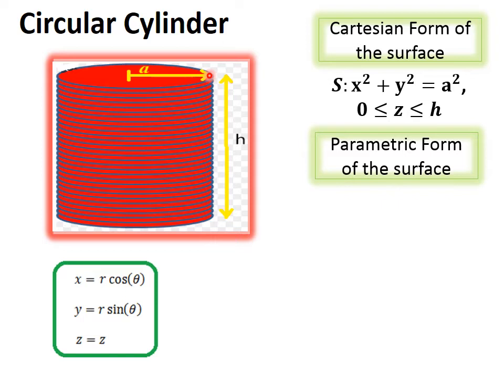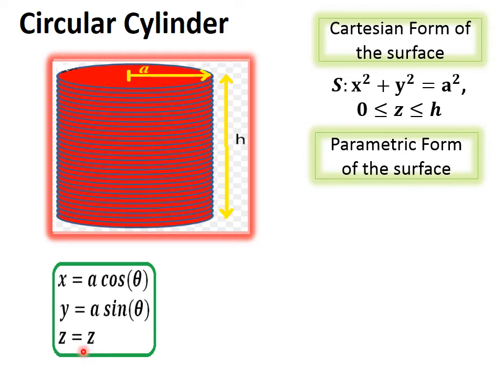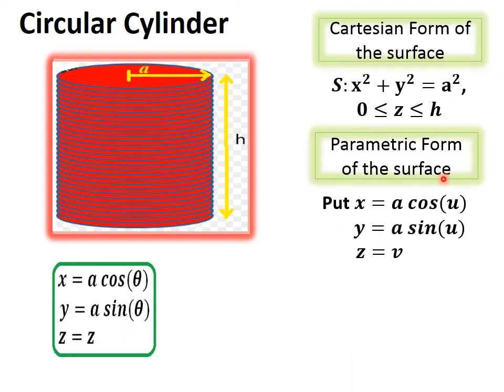Radius is fixed, it is not varying, because it is only the outer cover of the cylinder. So the radius r is a. What about the height? Height is z. So x equal to a cos theta, y equal to a sin theta, z equal to z is the appropriate choice for representing the cylinder in the parametric form.